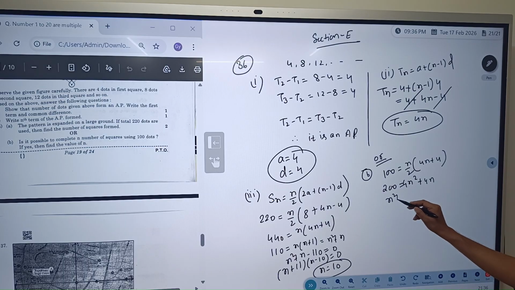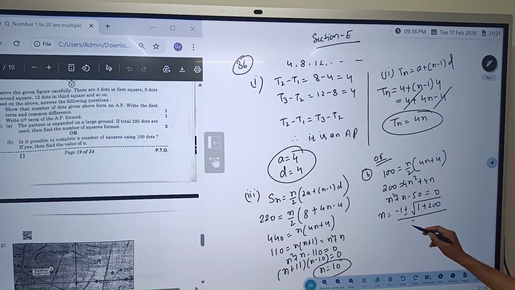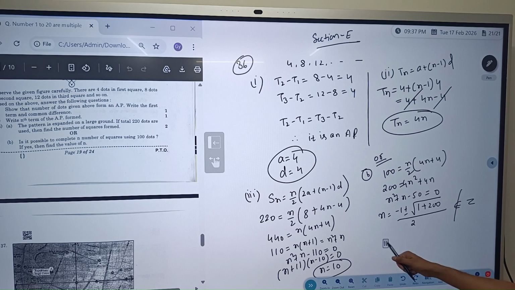You get n square plus n minus 50 equal to 0. n is equal to minus 1 plus minus root 1 plus 200 upon 2. So this does not belong to integers. Therefore, with 100 dots, we cannot complete the squares.